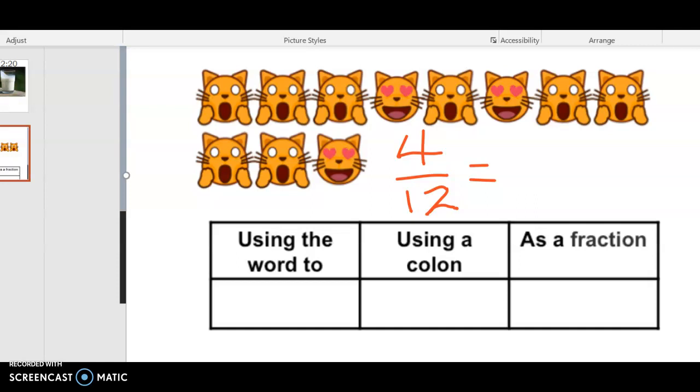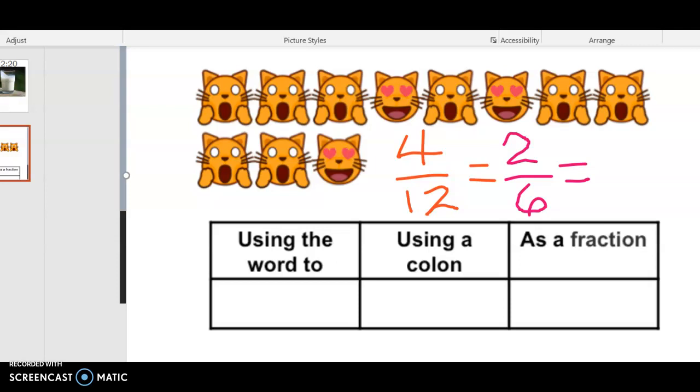For example, I know that both the 4 and the 12 could be made smaller by dividing them in half. If I divided the 4 in half, what would that be? That would be 2. The 12 in half, what would that be? That would be 6.